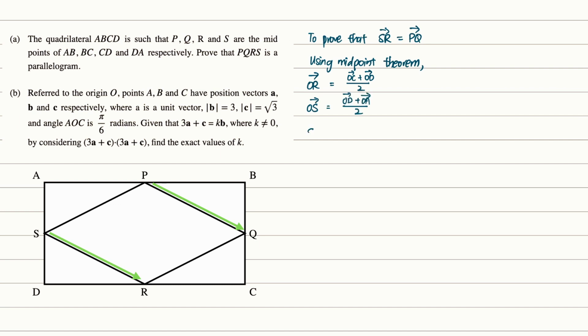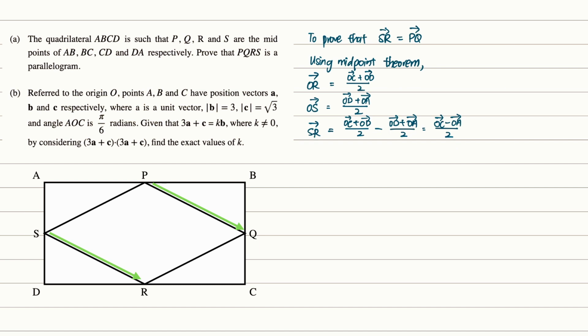So vector SR will then be OR minus OS, which is (OC plus OD) over 2 minus (OD plus OA) over 2. And simplifying, we will have (OC minus OA) over 2.